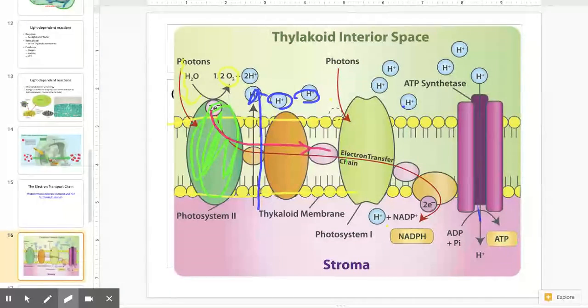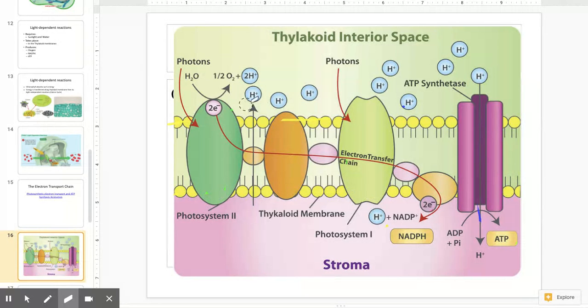So I'm just kind of going back and erasing some of our marks here as we prepare to move on to the light independent reactions. Now, the light independent reactions are also called the Calvin cycle. So just the name itself probably implies to you that it's a process that involves kind of multiple rounds, a cycle, kind of going around and around and around, think of like a bicycle or a motorcycle with its wheels, right?